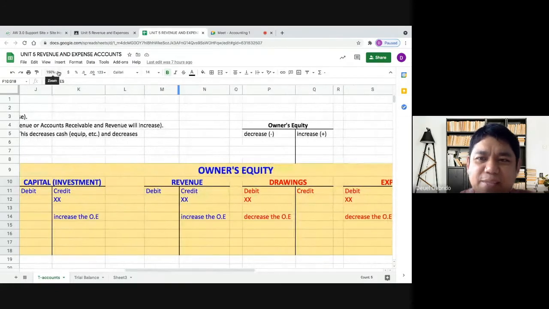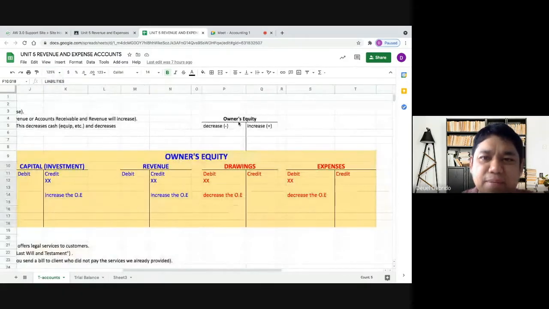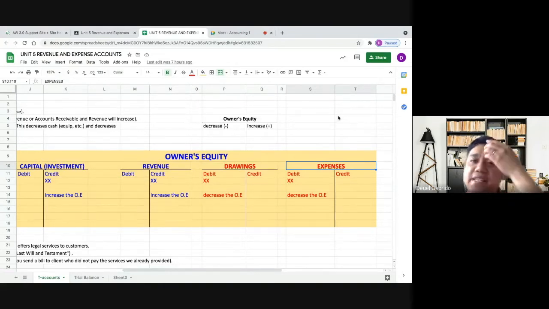When I say expanded, it became extended, it became longer. Look, the owner's equity here, this is the third rule. It was now subdivided into four categories: one, two, three, four. And this time, we will be very specific. What's the content of owner's equity?